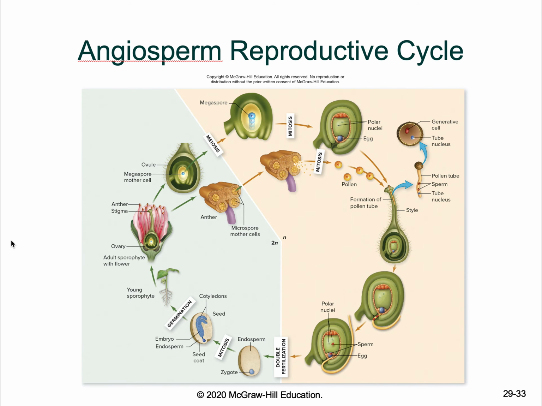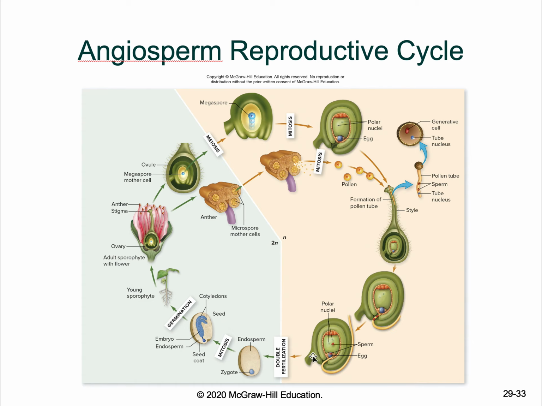So for them, excuse me, the main thing that I needed you to see out of this slide is this part right here that we call double fertilization. It's fertilized twice, and the reason is because one sperm will fertilize a zygote, which is a baby plant, and the other sperm will fertilize this to create the endosperm.